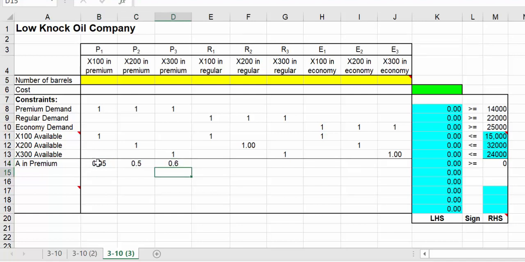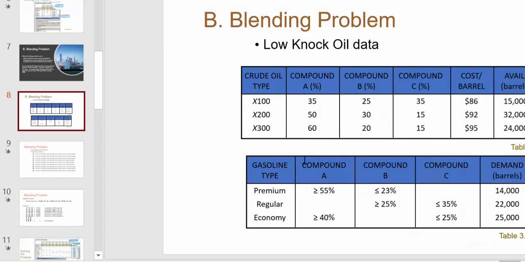Look here: 35% of X100 is that A, 50% in X200 crude oil, and 60% of X300. Just verify, you'll see that compound A is as we did for that one. So premium is greater than or equal to 55% of what makes up premium.